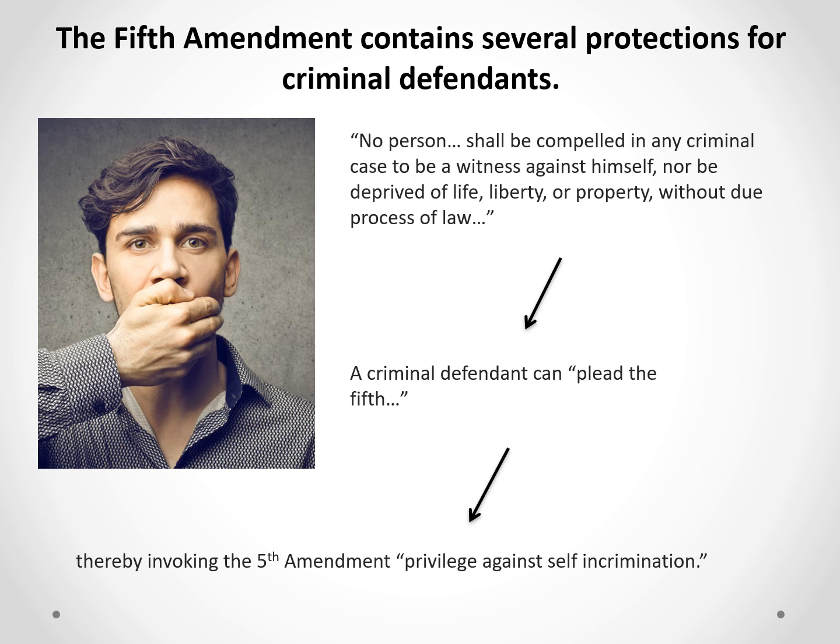So before the national government can take away your freedom by throwing you in jail, your property by imposing fines, or God forbid your life if your criminal activity was very egregious, before the national government can do any of those things, they have to give you something called due process. Due process just means a fair process, a fair procedure.